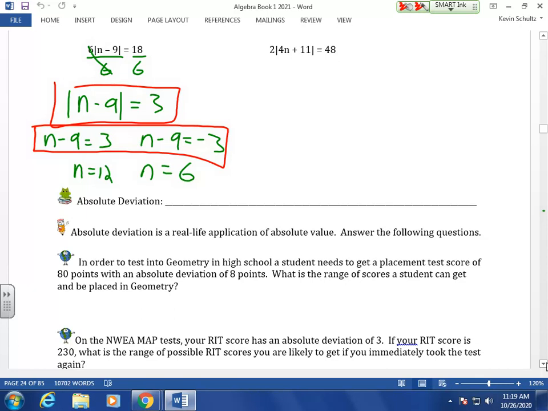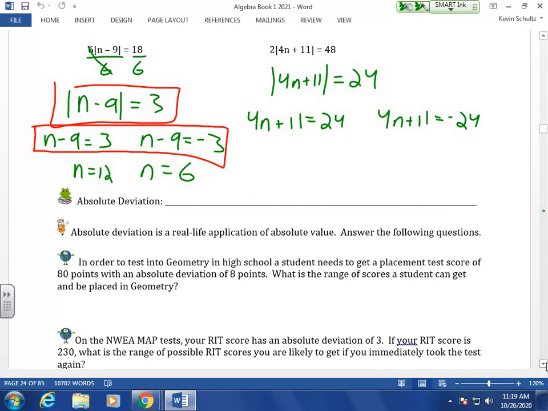So the second one, dividing by 2, that gives us the absolute value of 4n plus 11 equals 24, which means that 4n plus 11 can equal two different things. The two values that are both a distance of 24 from 0. Those values being positive 24, and the other one being negative 24.